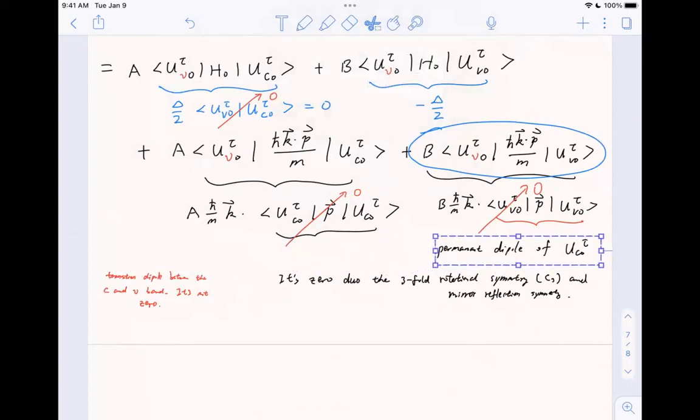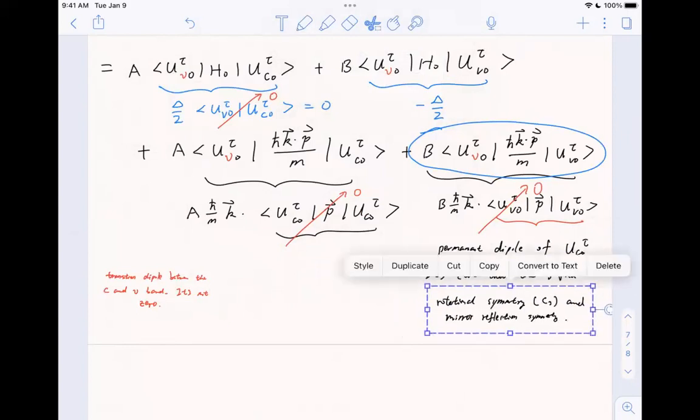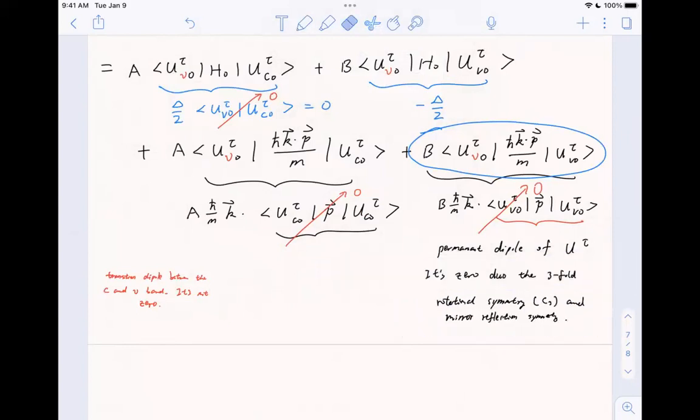Okay, this argument moves to here. This is 0 due to the threefold rotational symmetry. So this is the permanent dipole of V0. Okay, so this is 0, and this one is not 0.